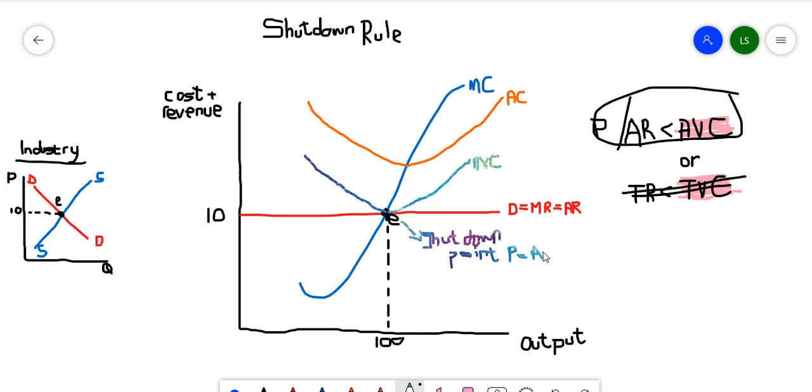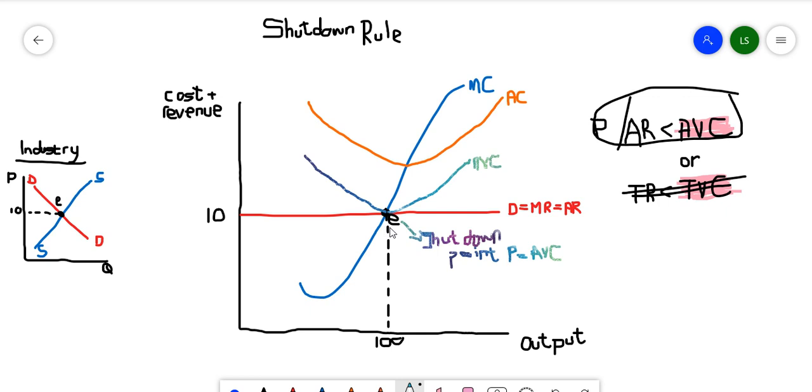That is the lowest price that this firm is going to accept. Anywhere below this point, if your demand curve shifts and prices change, a firm will not be willing to produce there. This is the lowest price that they will accept. Anywhere below this, they're going to shut down.